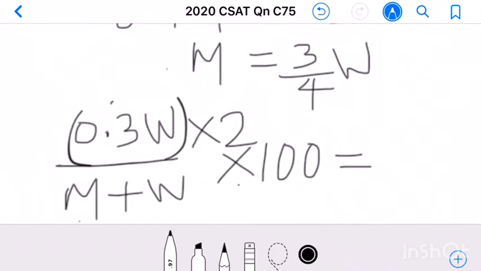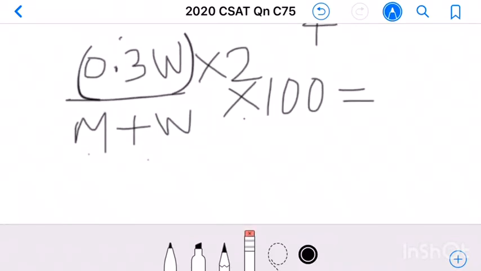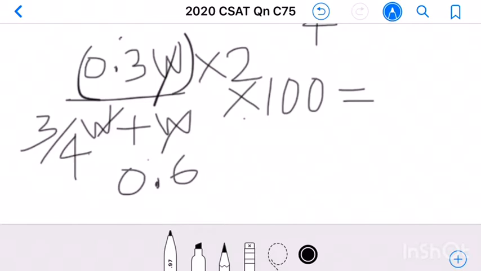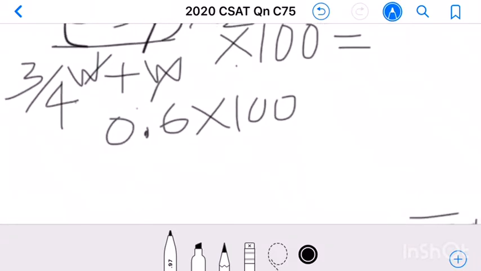Here we know the number of men in the city equals 3 by 4 of women. Just put M equal to 3 by 4 W. Then W cancels, and simplifying this we get the required answer: 2 into 0.3, that is 0.6, into 100, divided by 3 by 4 plus 1.